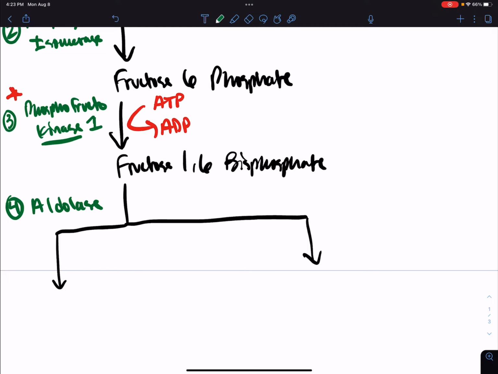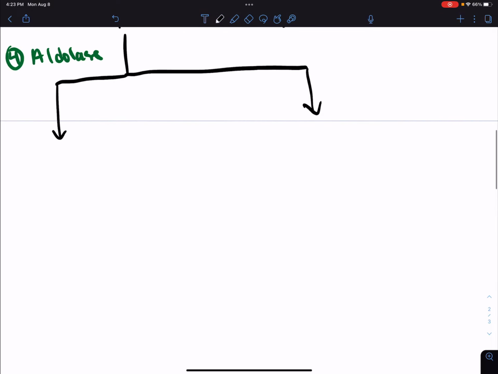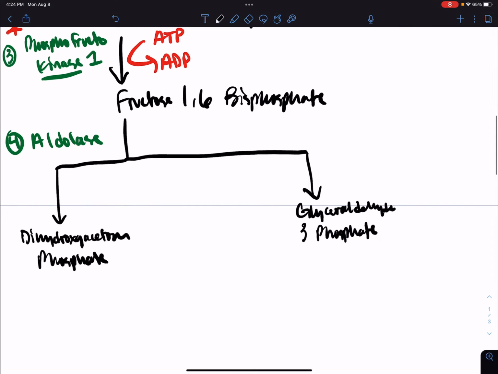Aldolase chops fructose 1,6-bisphosphate in half, giving us dihydroxyacetone phosphate and glyceraldehyde 3-phosphate. What's kind of cool is that dihydroxyacetone phosphate and glyceraldehyde 3-phosphate are isomers. These guys go back and forth, depending on the state of the body and how much energy the body needs.